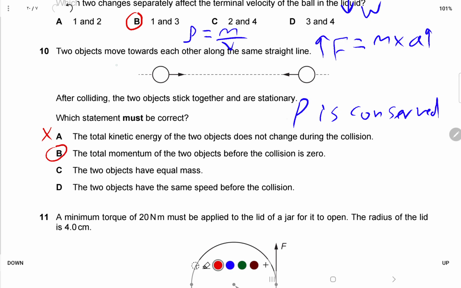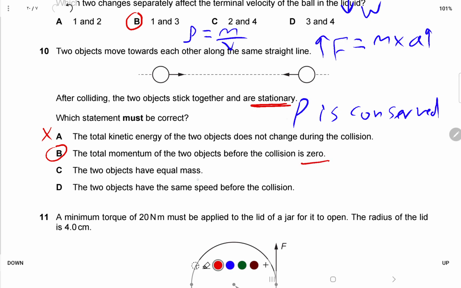Here we're telling you two objects move towards each other along the same straight line. After colliding, the two objects stick together and are stationary. So momentum after collision must be 0. So total momentum of the two objects before collision also must be 0.